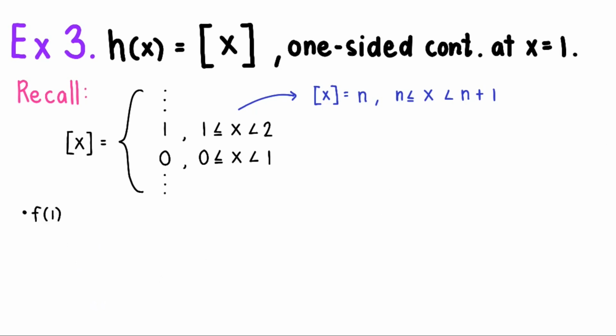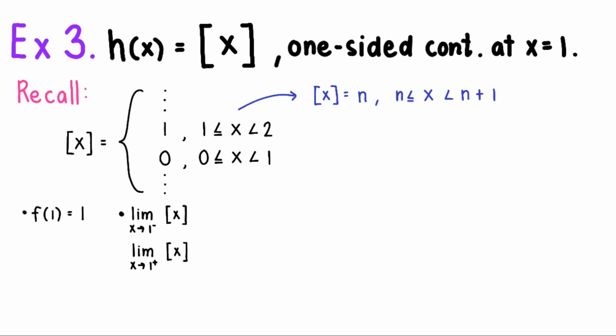So just take note of that one. So we'll just be using this part out here since we have x equals 1 out here. So we'll have this 1. Now we check the limit from the left and the limit from the right.